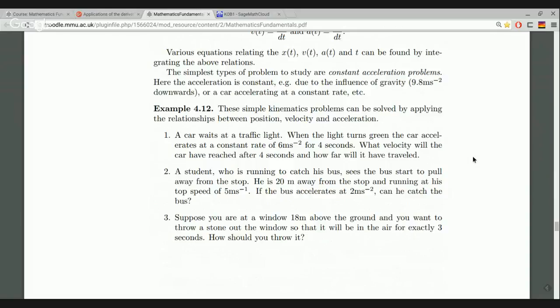Is there a time where the student will be at the back of the bus, ready to just leap onto it? Well, in order to answer that question, we'd want to get expressions for xs and xb. Now, we're told the student is running at their top speed, so they've got 0 acceleration, assuming they can maintain that top speed for at least a short amount of time.